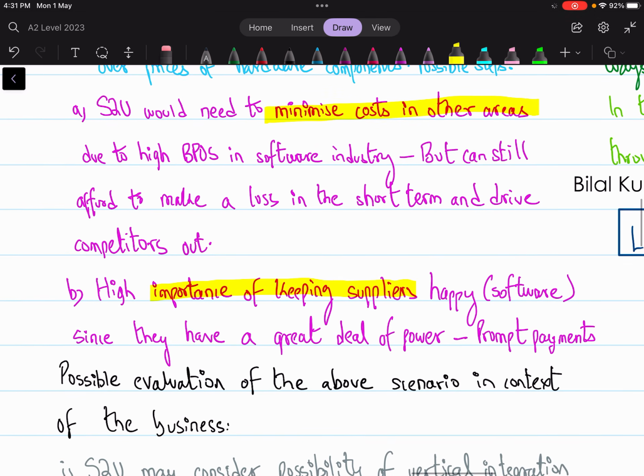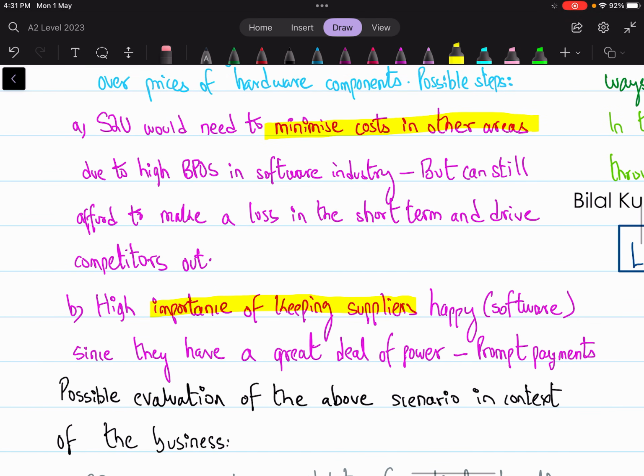And how can you evaluate it? I would suggest that you are now faced with a situation where the cost of software supplies is relatively very high, and the cost of hardware supplies is not that high because they have a lower bargaining power. So if you were in this situation and you could see that software suppliers are charging too much, which is making you uncompetitive, what would you do?